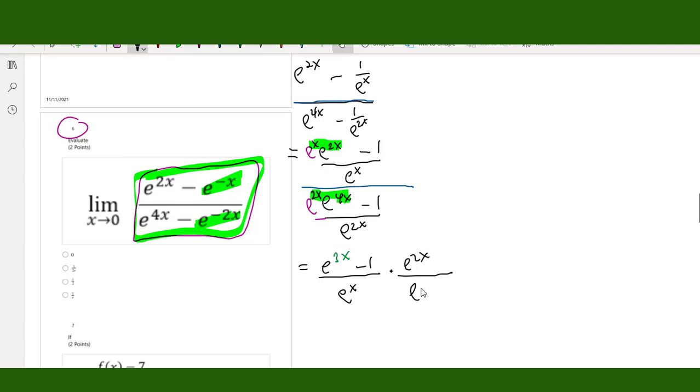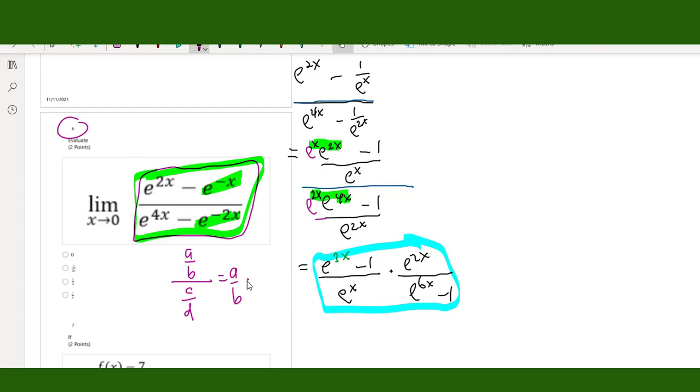So e power 6x minus 1. In this one, I'm using this concept: a over b over c over d is equal to a over b times d over c. This is a over b over c over d. This is a over b, d over c.